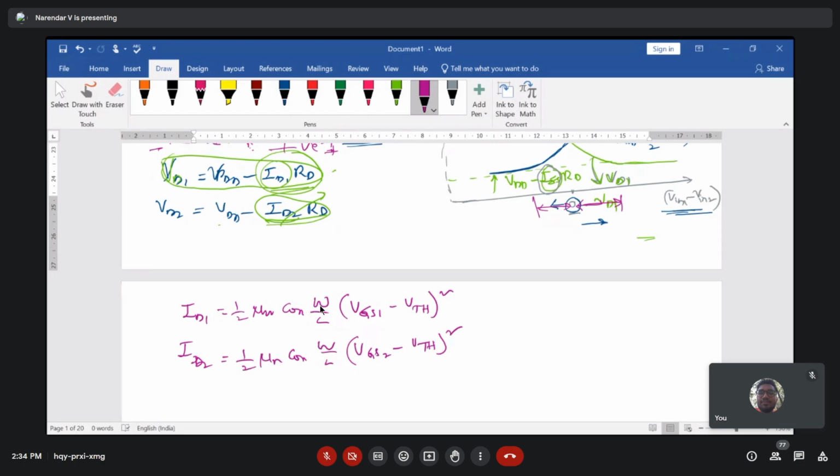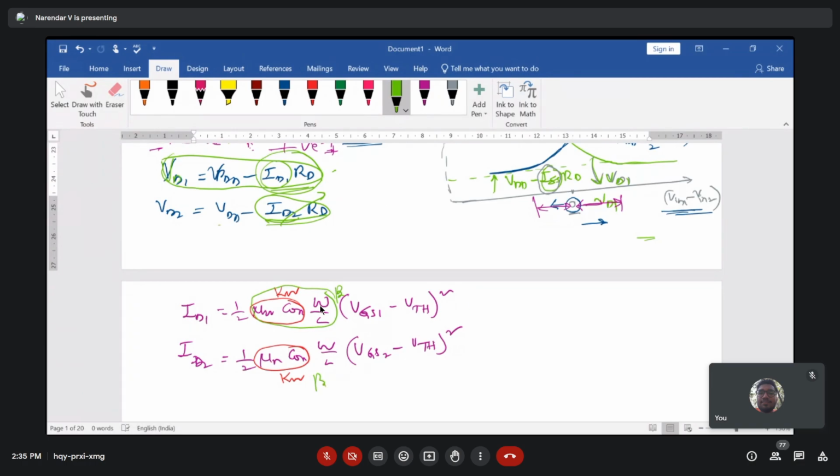Now, what we can consider here is that the W by L ratio of both the transistors must be the same. In some of the textbooks, this mu n COX factor can also be represented as Kn. And along with Kn, you can also notice that this entire factor, mu n COX W by L, is referred to as beta.